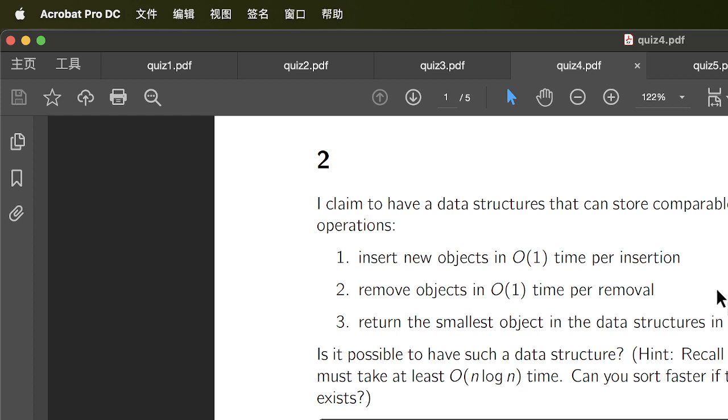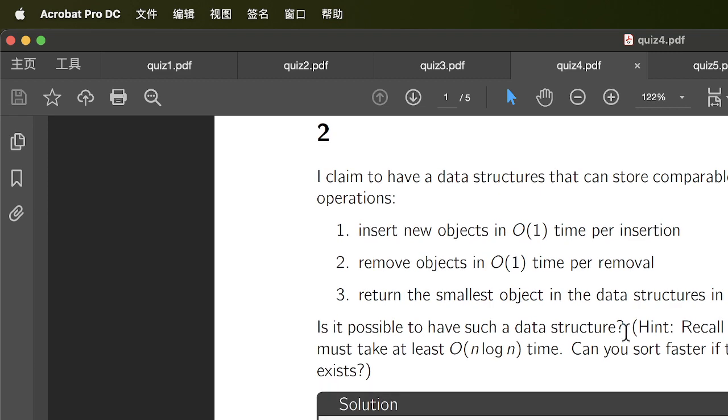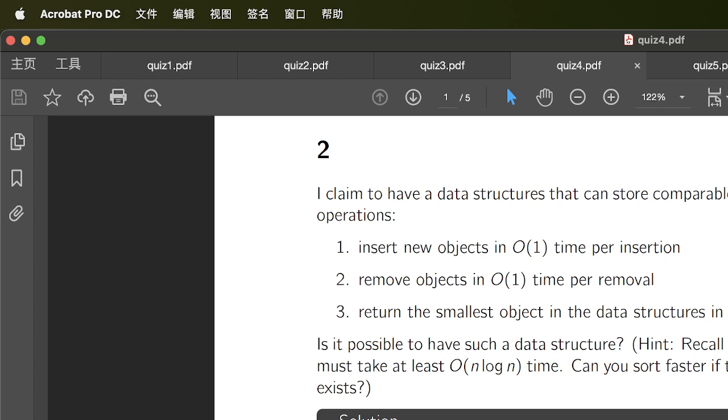Say they are comparable objects, and if you can return the smallest object in constant time, that means you can return everyone in the input array. So you can actually sort the original input in O of n time, and that is impossible because we already said that if sorting relies on comparing elements with each other, the running time would be at least O of n log n.